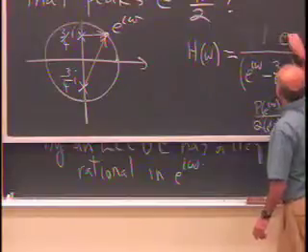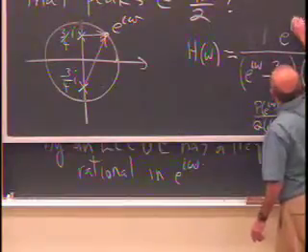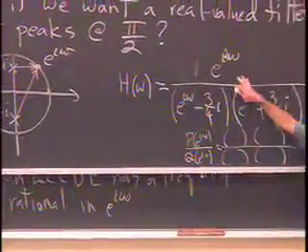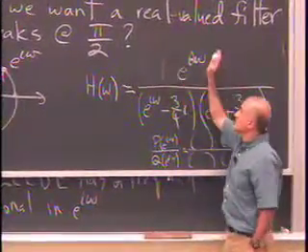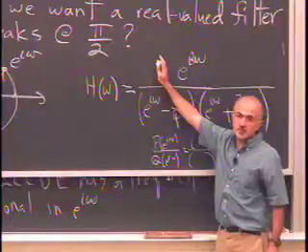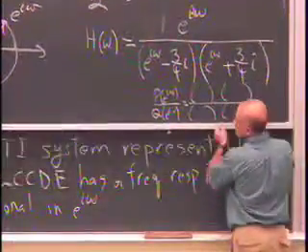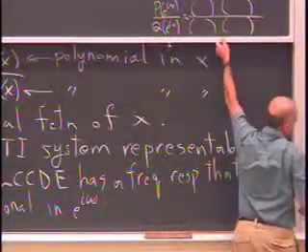If it makes you feel better, I'll put an e to the I 2 omega here. And let's do that, actually. The point is, I want something whose magnitude is 1 in the numerator. So I'll put that in. And let's see what the difference equation for this system looks like.